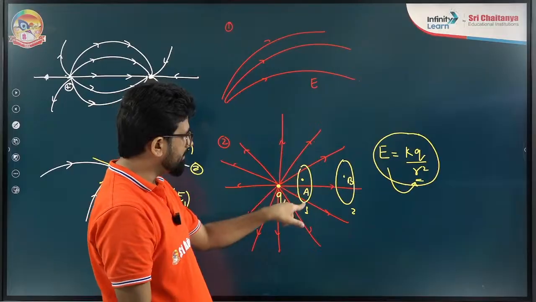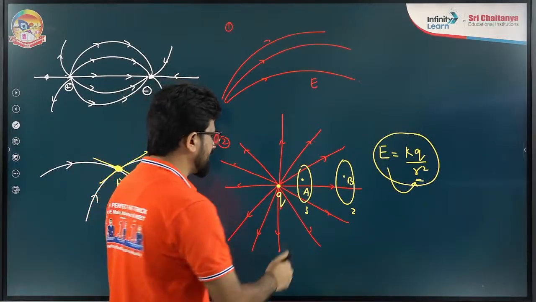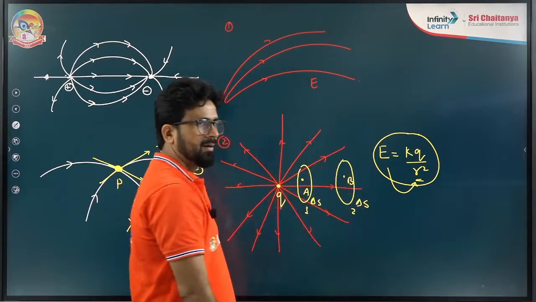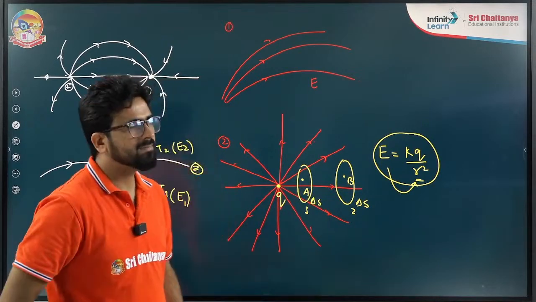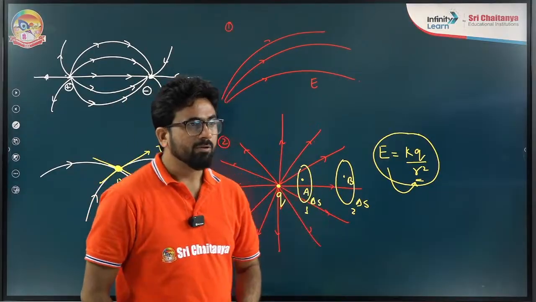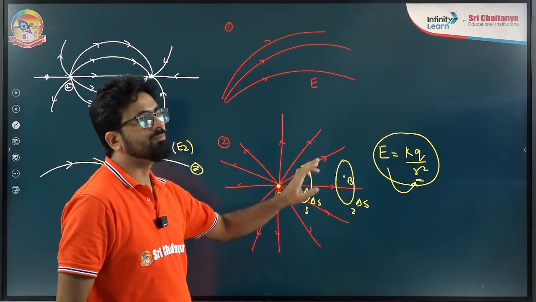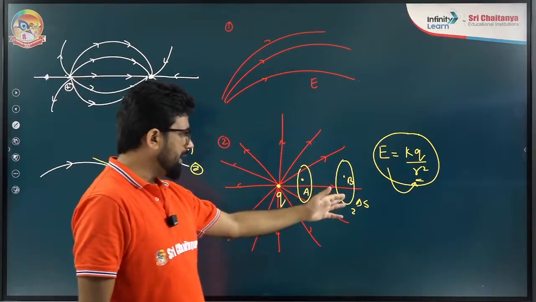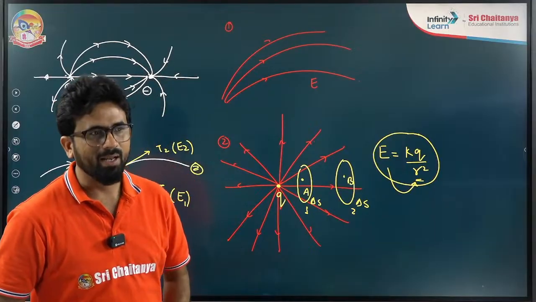If I say this area is delta S, how many field lines are passing through it at region 1? 3. At region 2, how many passing? 1. So if the number of field lines passing in a region is more, that means field would be more. Here at B, the number of field lines passing is less, that means field would be less.